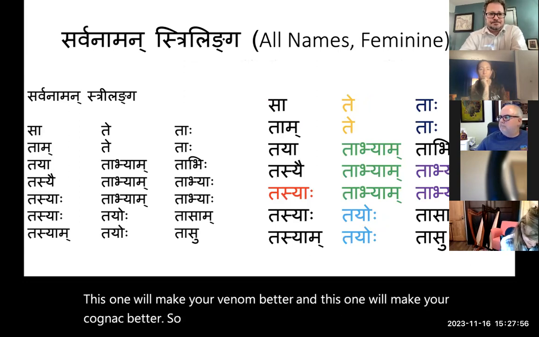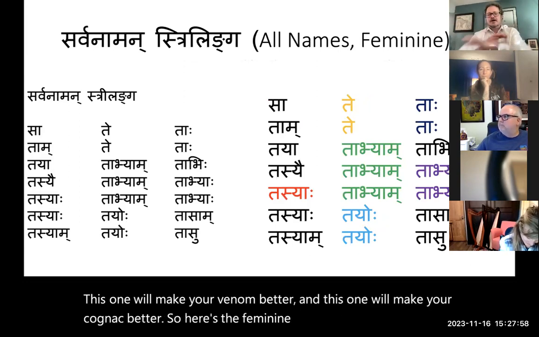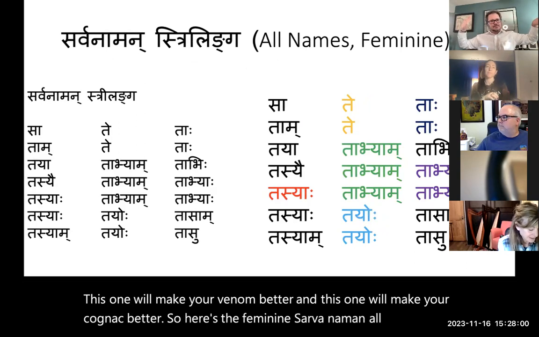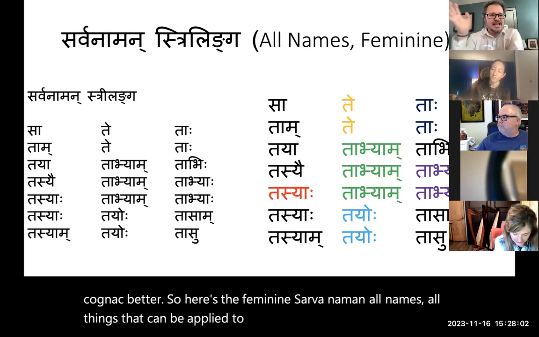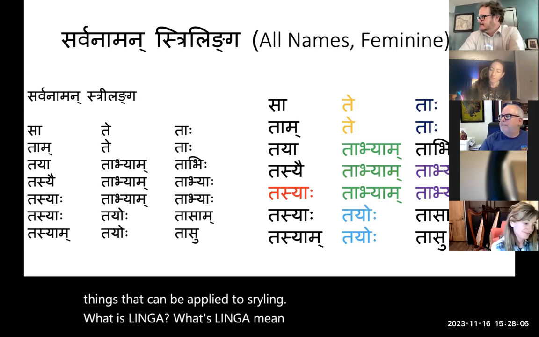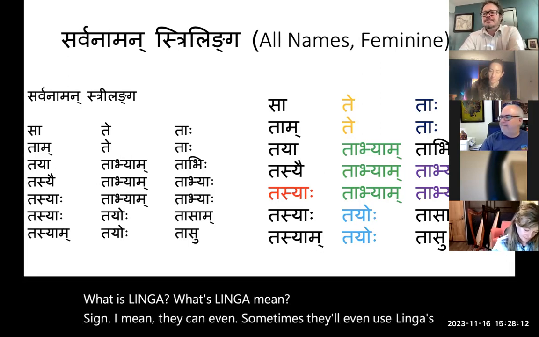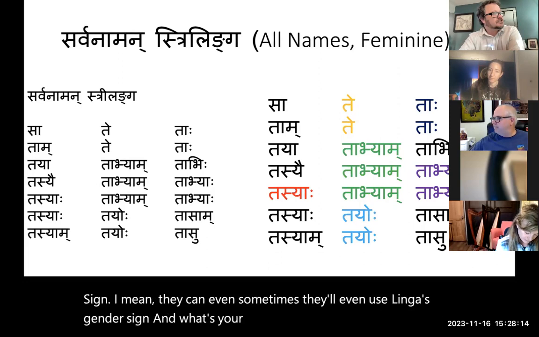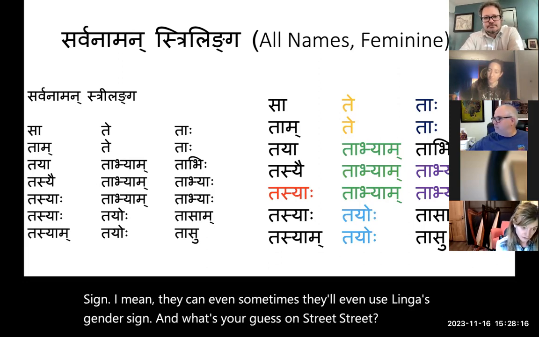So here's the feminine. Sarva Naman. All names, all things that can be applied to. Strilinga. What is linga? What's linga mean? Sign. They'll even sometimes use linga as gender, sign. And what's your guess on stri? It just means female.